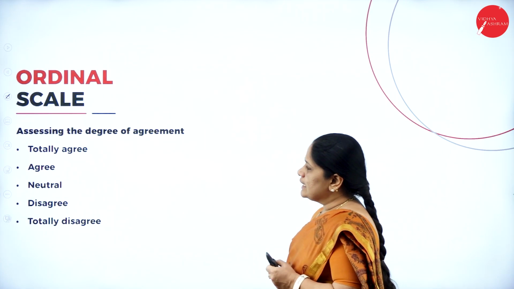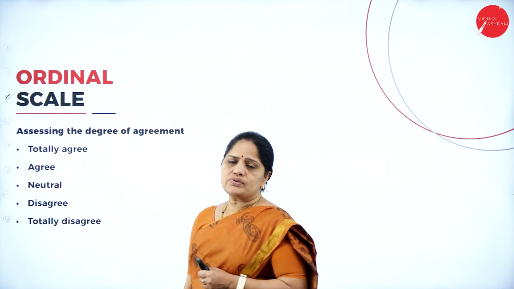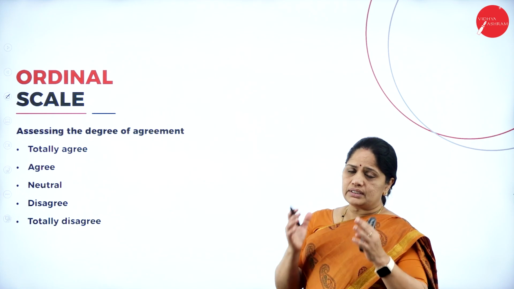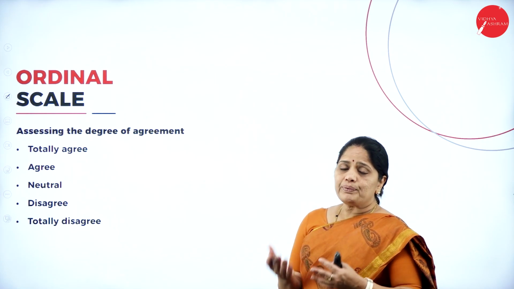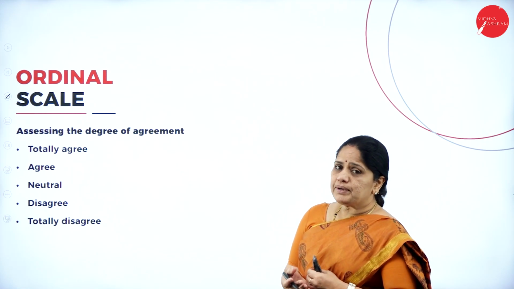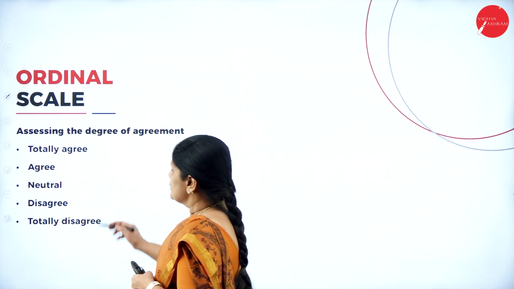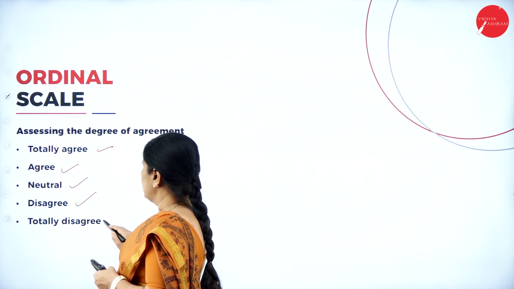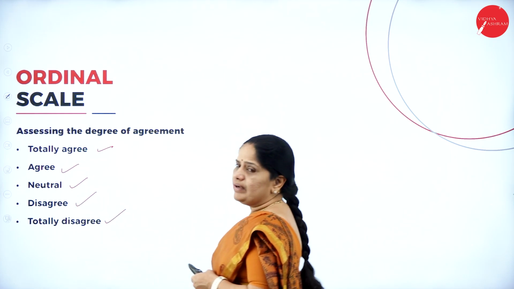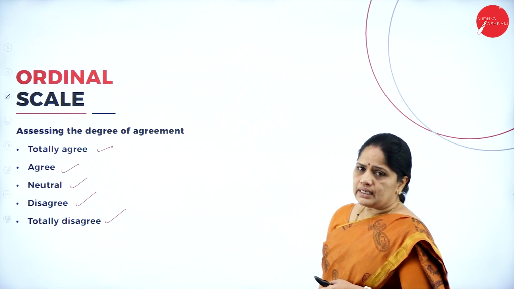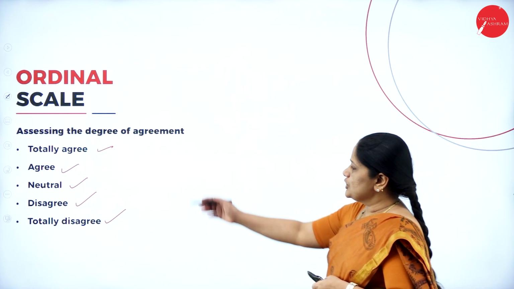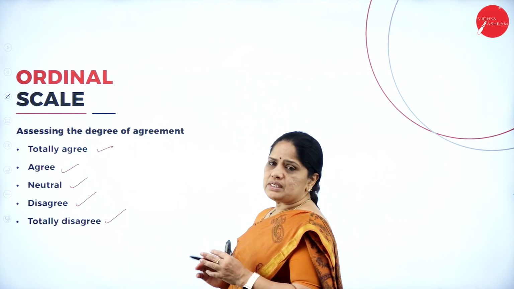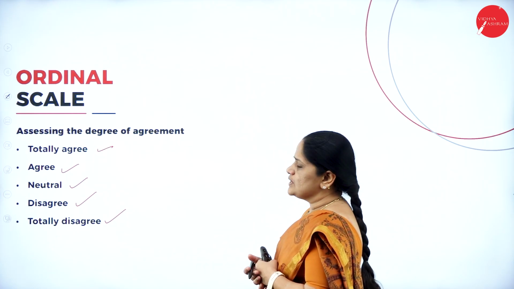Then, assessing the degree of agreement. Suppose you have to ask a question relating to any topic or any opinion about somebody. The person will be given options: totally agree, neutral, disagree, totally disagree. The respondent can choose any one of the options, and we have a count for each of these options.